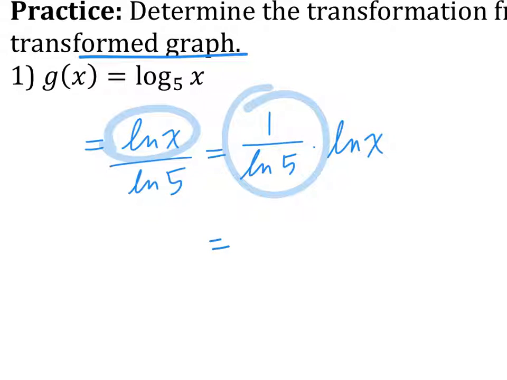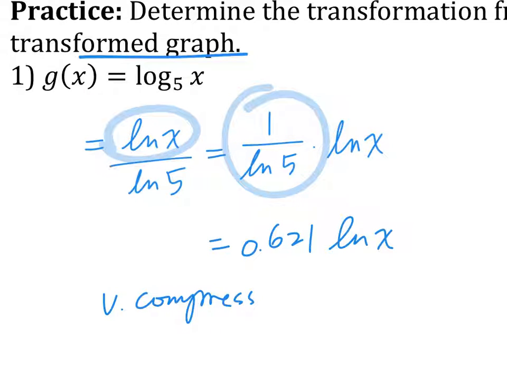Okay, 1 over natural log 5 is what? 0.621. Natural log x. So this is pretty clear. Is it going to be a stretch or compress? Compress. Yeah, so this is going to be a vertical compress by 1 over natural log 5.